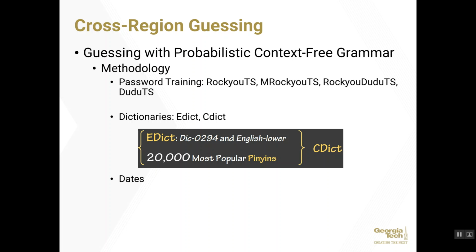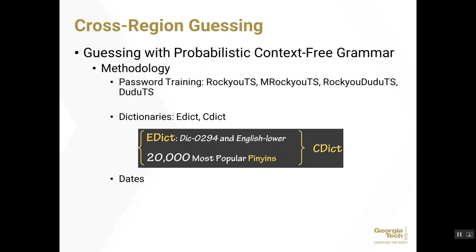And ROCU TS are selected from ROCU, but we made it 50% digit-only passwords and 10% letter-only passwords. These proportions are close to the Chinese ones. The ROCU Dudu TS are selected from ROCU and Dudu at the same time.